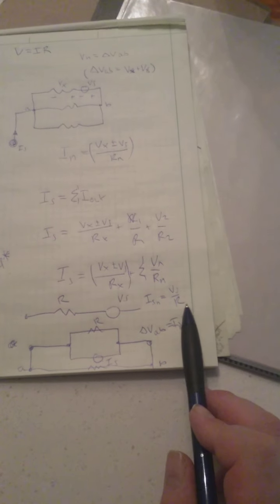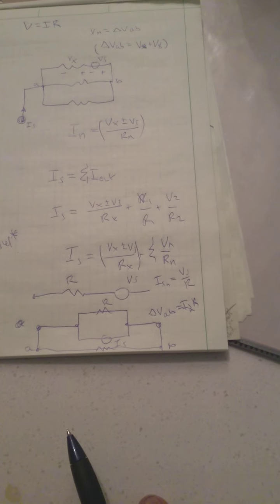If I plug in Vs divided by R, delta V A to B is just the same as Vs in this case, if we do it that way.